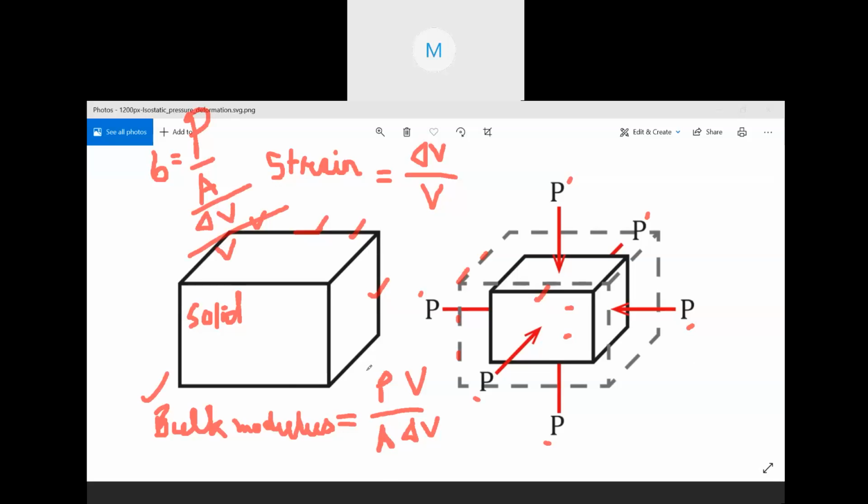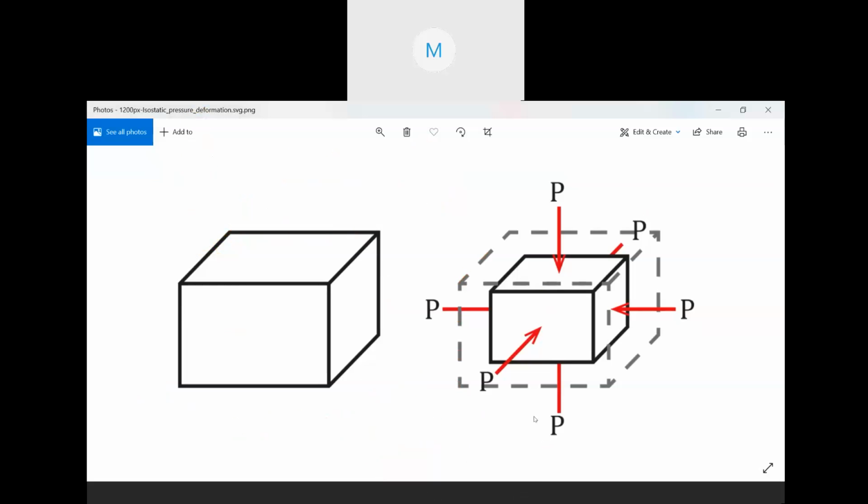So we can write this in this manner. Is it clear, everyone? Yes sir. Okay, fine.